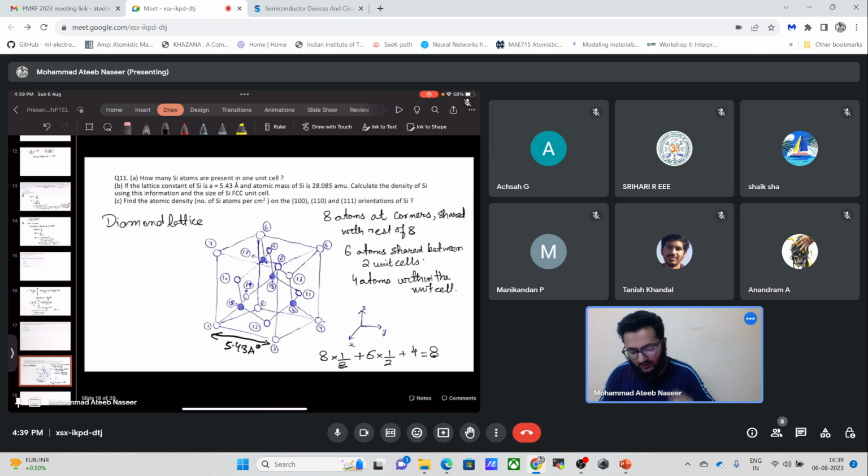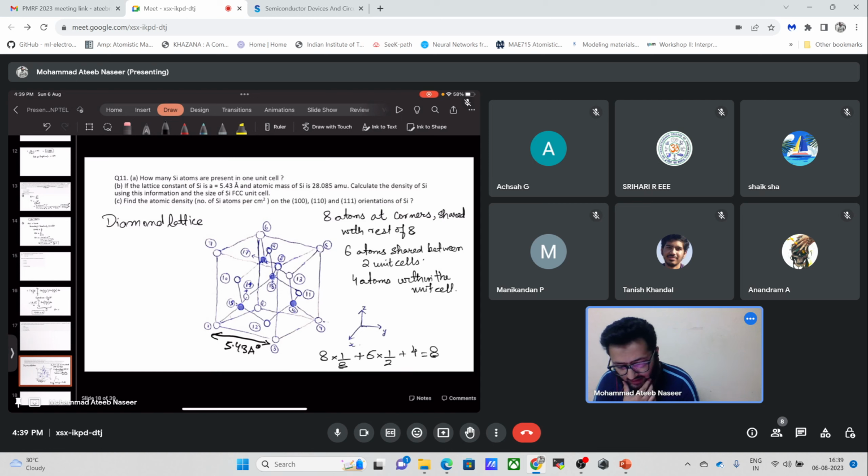Okay, so for this diamond lattice, we have been told to find the density. The density is simply the number of atoms with their respective mass divided by the volume.